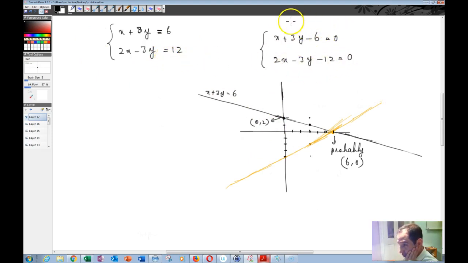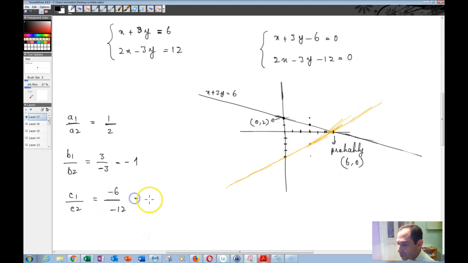Meaning that once you have written your equations like this in general form, you see that over here a1 to a2 is equal to 1 to 2. Your b1 to b2 is equal to 3 to negative 3, which is equal to negative 1. And c1 to c2 is equal to negative 6 to negative 12, which is equal to 1/2.